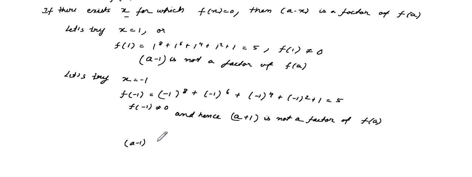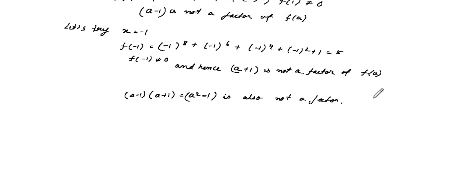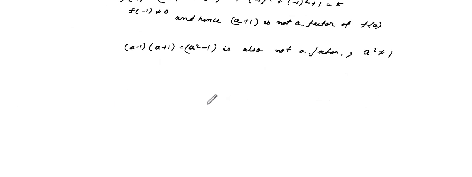So a minus 1 multiplied with a plus 1 is a square minus 1. We are fine with it. So we can clearly say that this a square minus 1 is also not a factor. And we can also say that a square is not equal to 1, because this is not a factor which will give us f of a equal to 0.